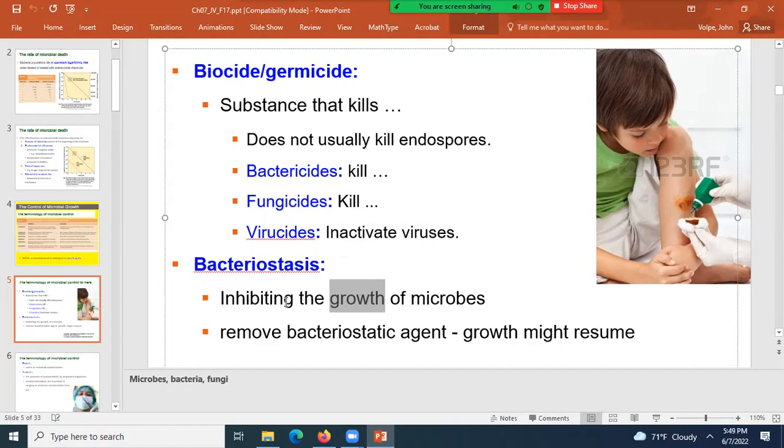When you remove the bacteriostatic agent, the growth may resume. If it hasn't been killed off by the host immune system, the bacteria will resume once you remove the bacteriostatic agent. All right, any question about any of this?